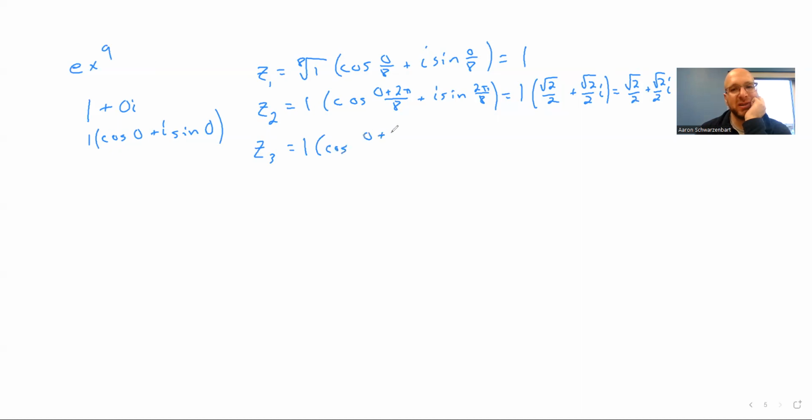Now I'm going to do the next multiple of 2 pi, 4 pi over 8. This is pi over 2. The cosine of pi over 2 is 0.